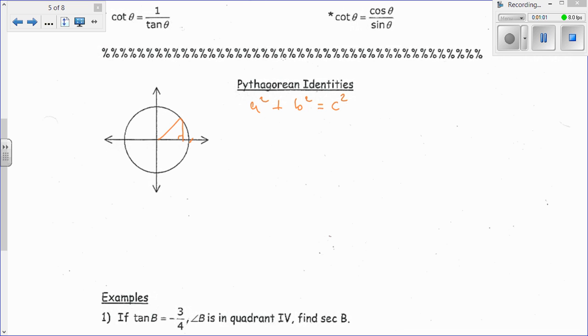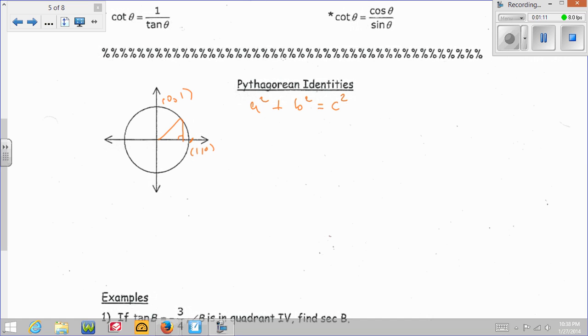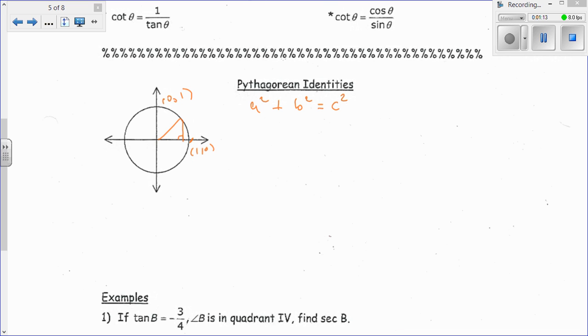This point over here is 1, 0, and this is 0, 1. My hypotenuse is 1, my angle is theta, this length is x, and this length is y.